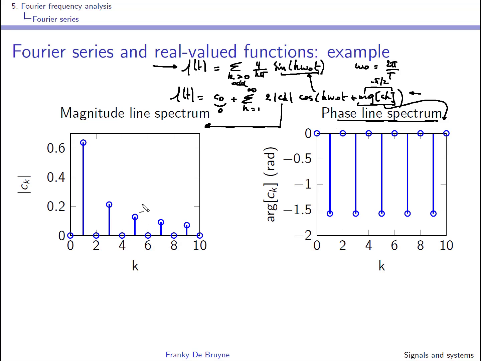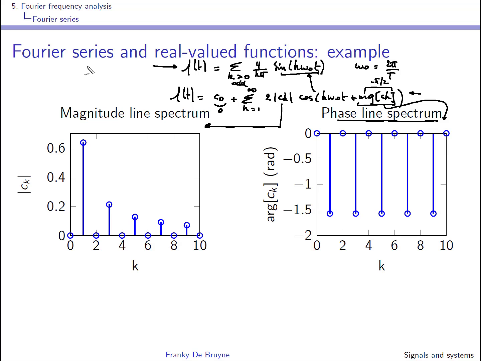And when k is odd, you can get the amplitude of the relevant signal, sine or cosine, which depends on the phase line spectrum as I said, by simply going to the magnitude line spectrum, taking the corresponding k, and multiplying by 2.